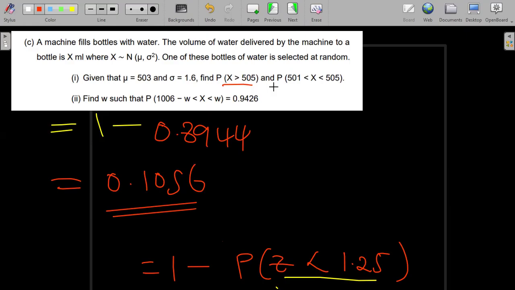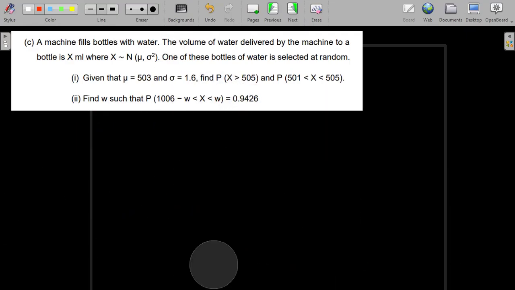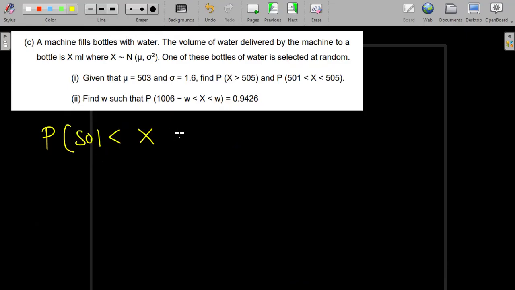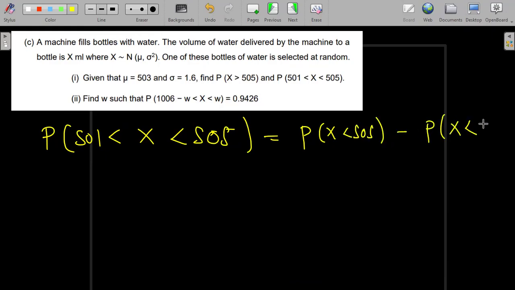Okay, so the other one, what we have is they're saying find the probability that x is between 501 and 505. Right, so this here is the same as probability that x is less than 505 minus probability that x is less than 501. So now we can standardize this. If I standardize x, I get z.